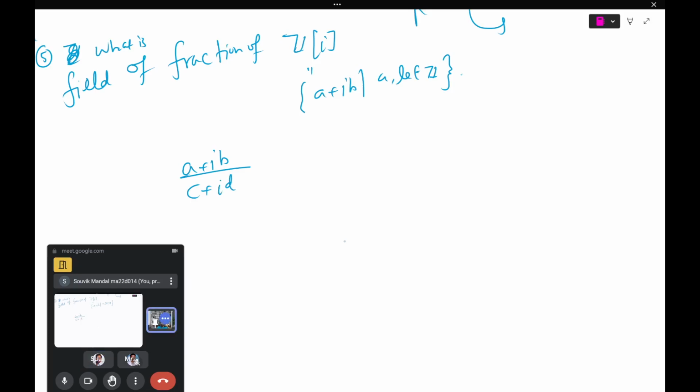Now, from this you need to understand how the field of fractions of Z[i] looks. Okay, now try to understand. So the point is the quotient group of Z[x] divided by x squared plus 1. Sorry, can you repeat?